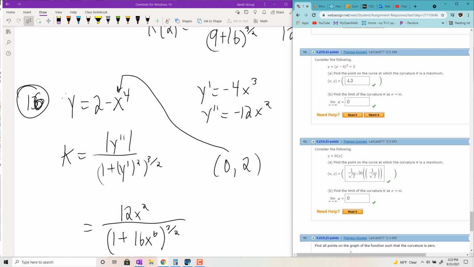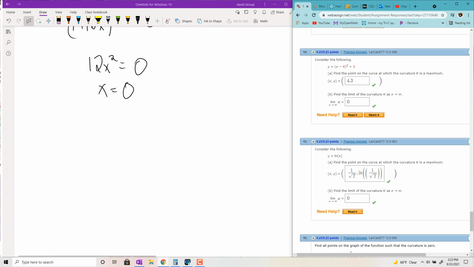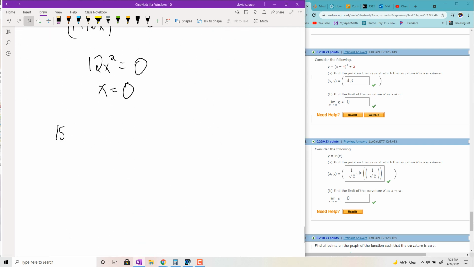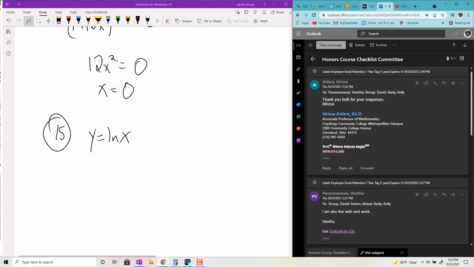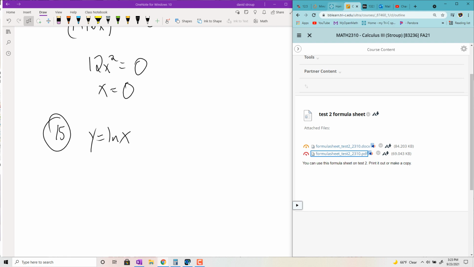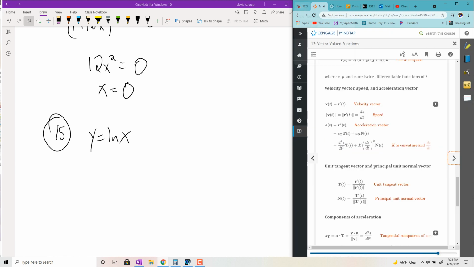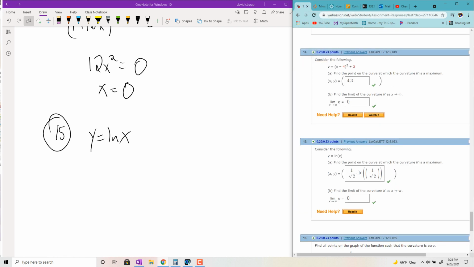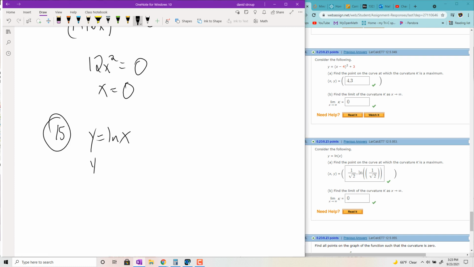Let's try number 15. Consider the following: y equals ln x. Find the point on the curve where the curvature is maximum. So this is going back to Calc 1, where you're taking derivatives of a function, finding the critical points, etc. First, we need to get the curvature function. So again, I'm going to need y prime, which is 1 over x, or if you'd rather, x to the negative 1.